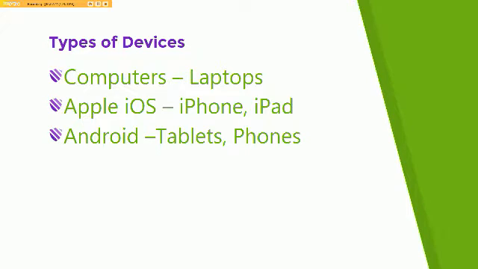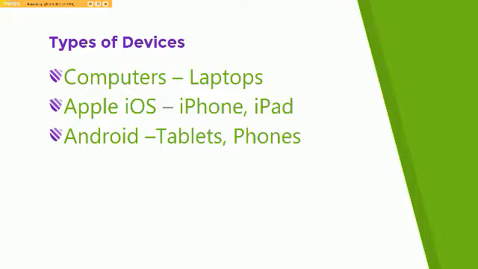And then the Android. So these are the three big categories. The Androids would be Android smartphones, tablets, those types of devices. These three, the computers, the Apple iOS, and the Androids, are the three categories of devices that are leaving your home that your children are using and that you need to figure out how to protect.